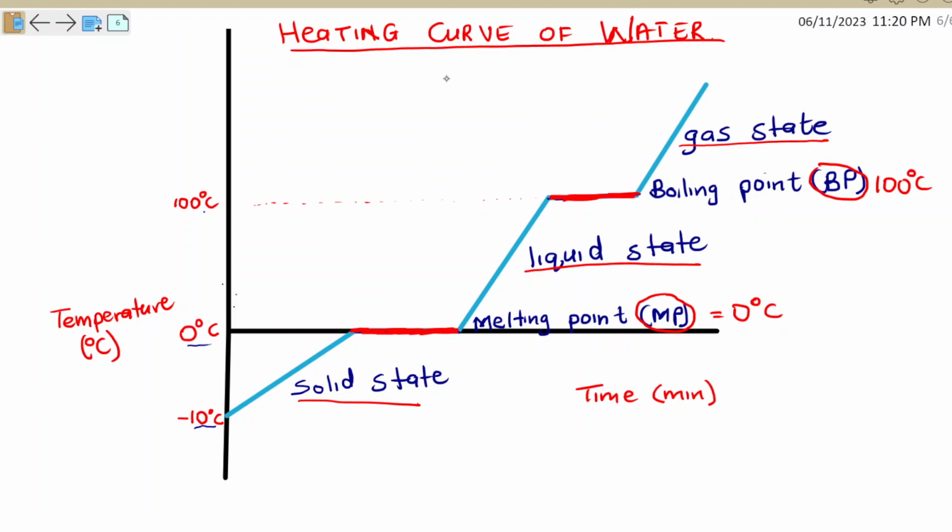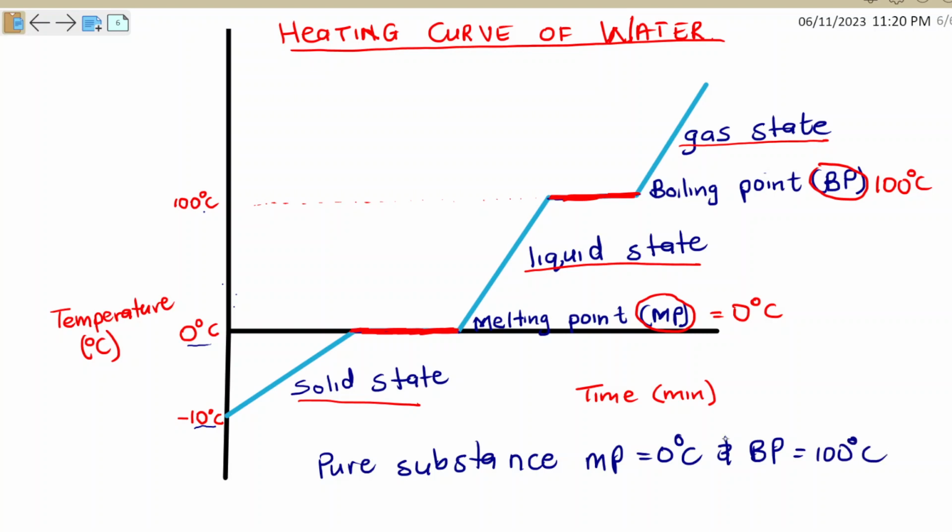Now why is water considered a pure substance? The reason water is considered to be a pure substance is because the melting point is 0 Celsius degrees and the boiling point is 100 Celsius degrees. So water is a pure substance because of that.